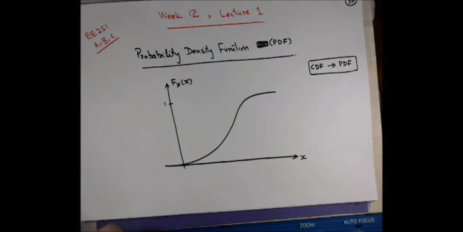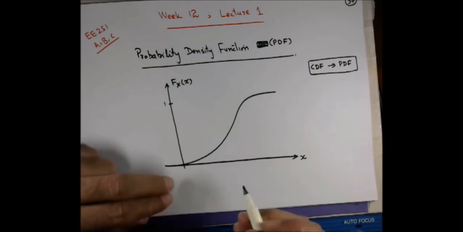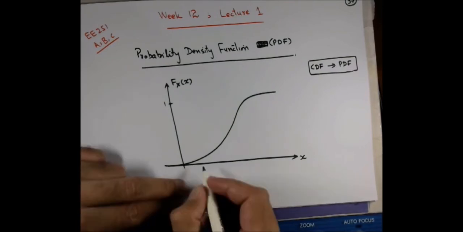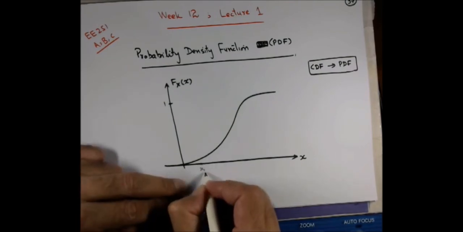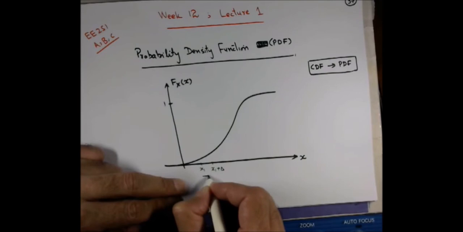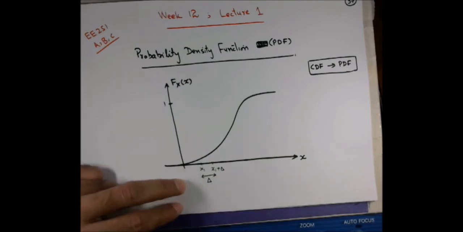So now assume that you have some interval from say x1 till say x1 plus delta. So the total interval length is simply delta.